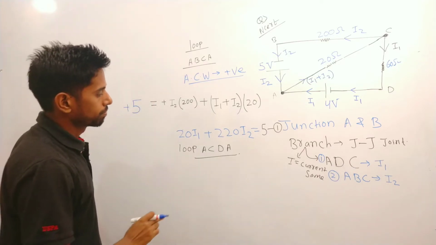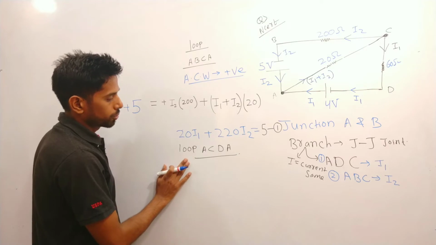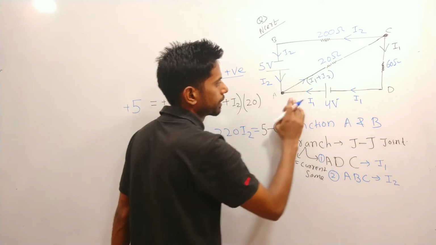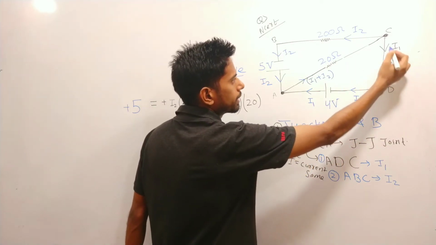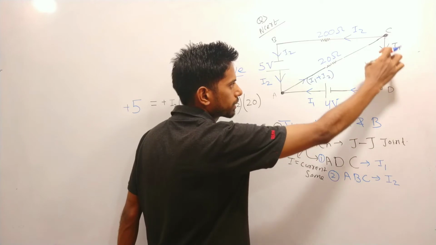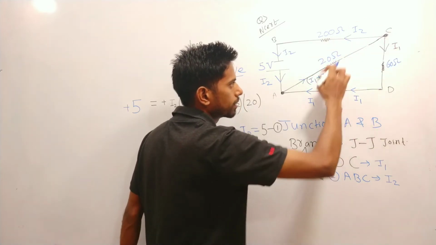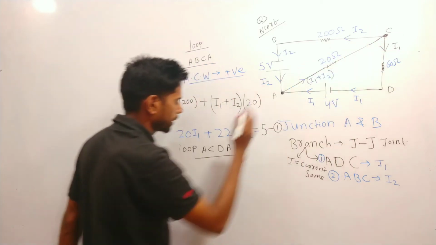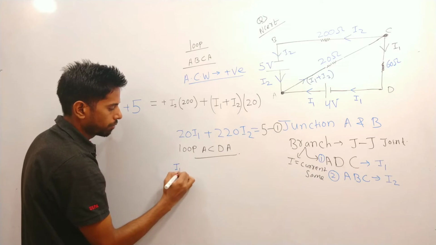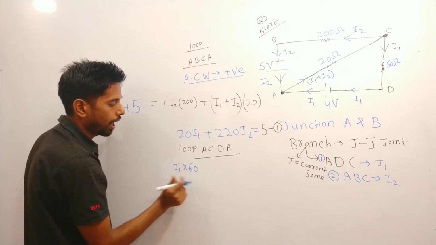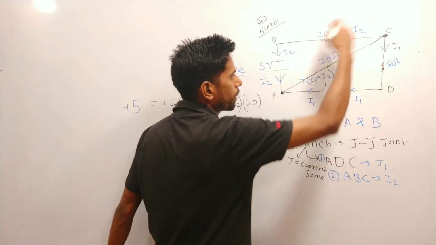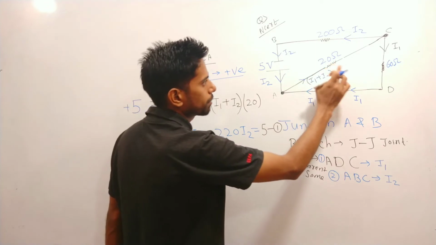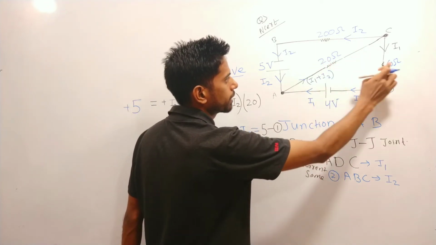Now tell me. Okay, so A, C, D, A. Similarly, this is 60. Current will start flowing across this resistor. Is this clockwise or anti-clockwise? Clockwise. That's why 60 into I1, I into R. This is clockwise, that's why we have to take negative for this resistor, because in this loop there are two resistors, this one and this one.